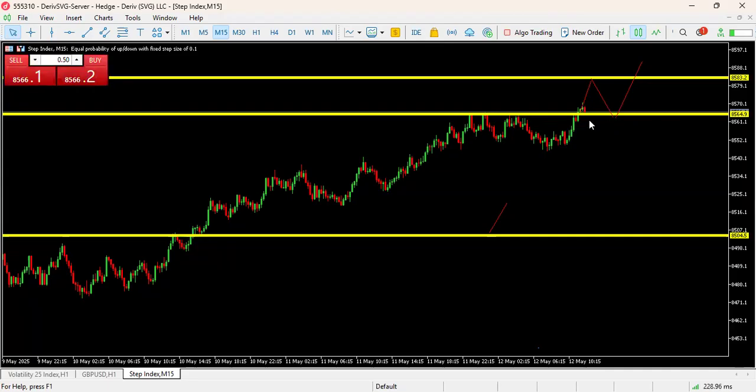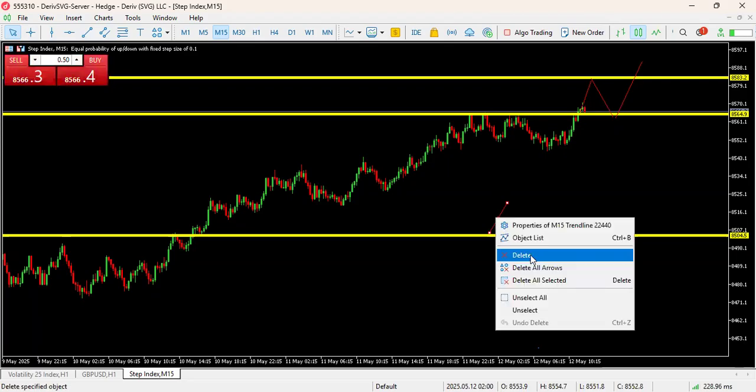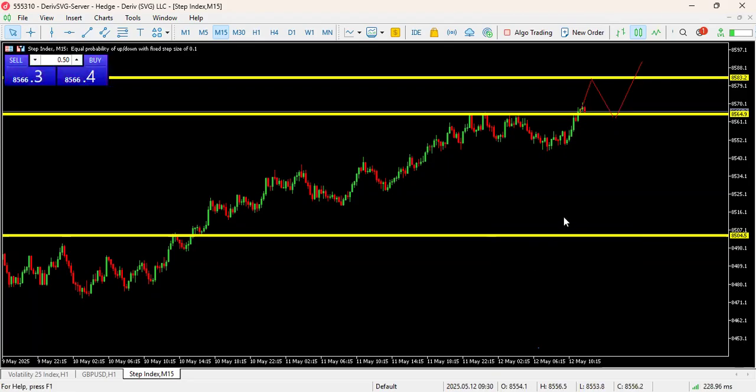If you are looking for an opportunity to buy this market, it must have a big momentum candle that breaks this area and closes above it, and once it starts retracing, that is where we look for opportunity.